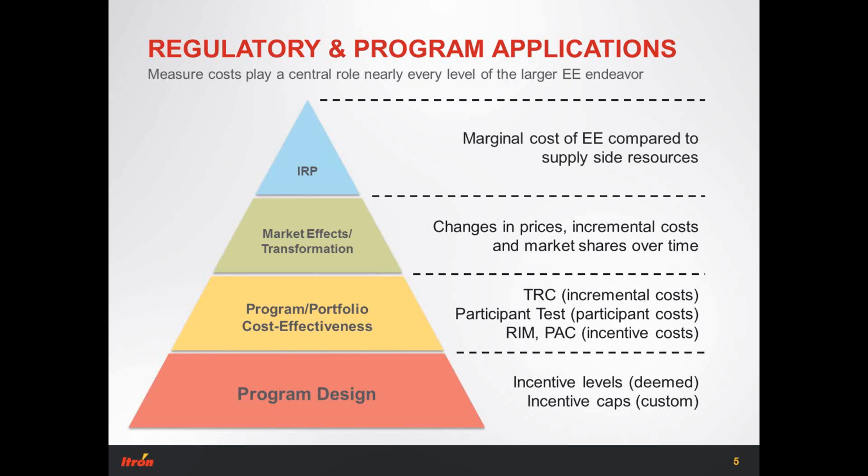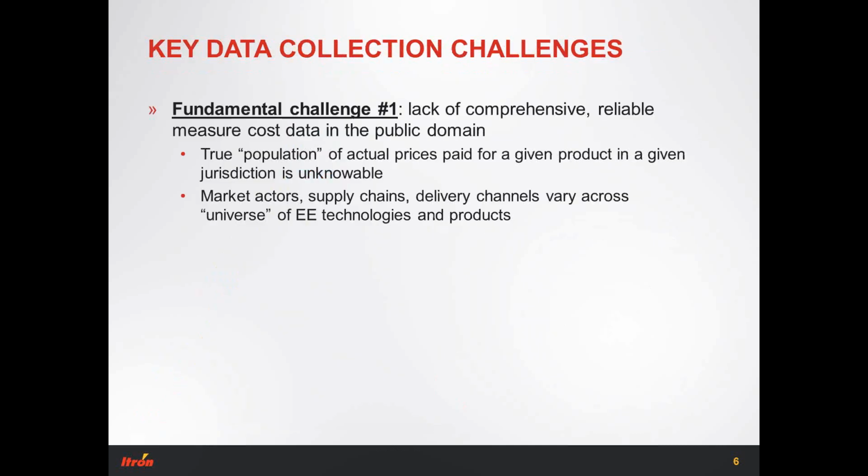In that application, what you're really doing is trying to compare the marginal cost of energy efficiency against supply-side alternatives. So this is a way of showing how central measure cost estimates are in pretty much everything we do in the energy efficiency industry.